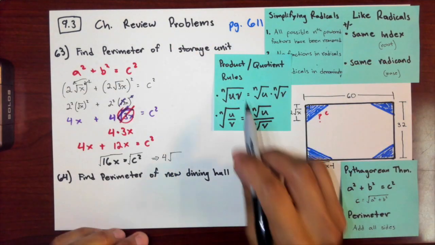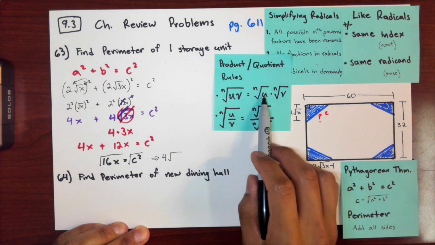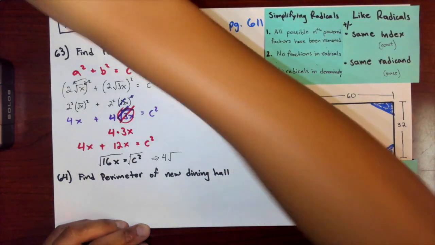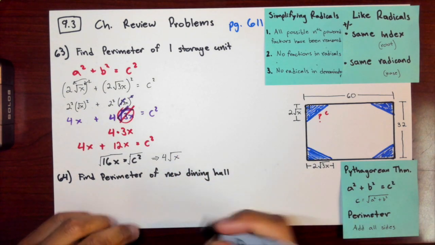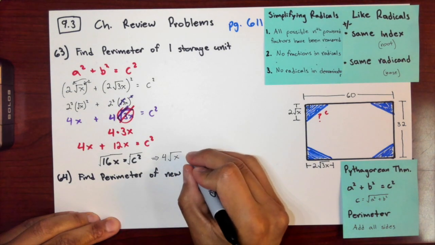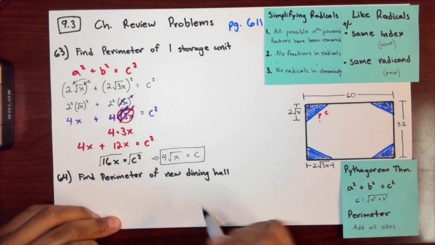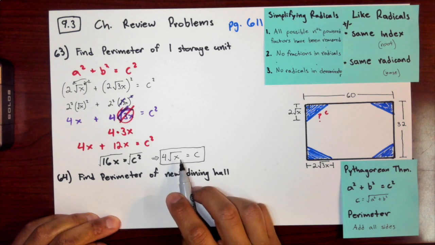Here we have 16x. We're splitting it up, right? The square root of 16 gives me 4. The square root of x is just going to give me the square root of x, okay? And that is going to equal c. Okay, so this is what we have so far. That is our c value. 4 square root of x is going to be my c value.